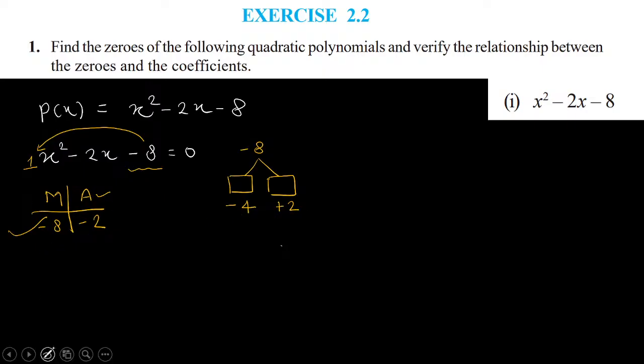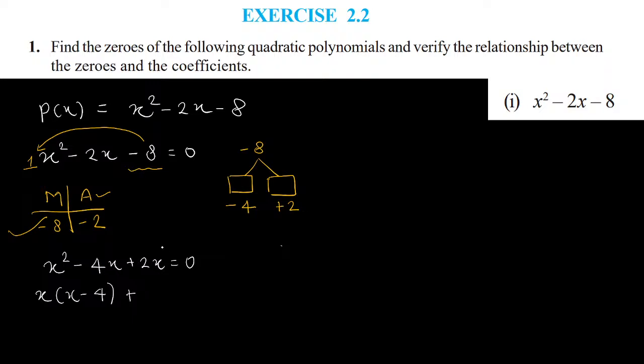Now split the middle term and we get x square minus 4x plus 2x minus 8 is equal to 0. Take x common from the first two terms, x minus 4, then take 2 common from 2x minus 8, so we get 2 times x minus 4, equal to 0. Now again take x minus 4 common and we get x minus 4 times x plus 2 is equal to 0.